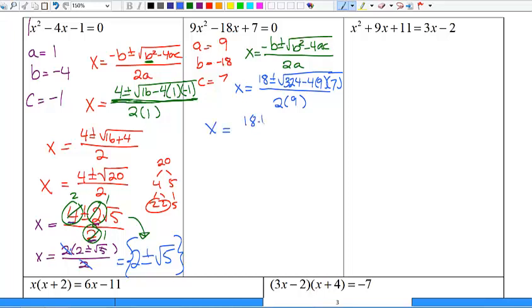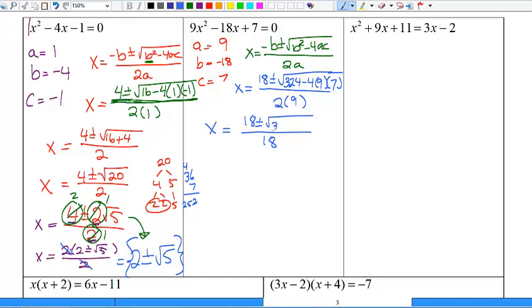So next step is to carefully do the arithmetic underneath the radical. So 4 times 9 is 36, and 36 times 7, I don't know what that is. 72, 252.